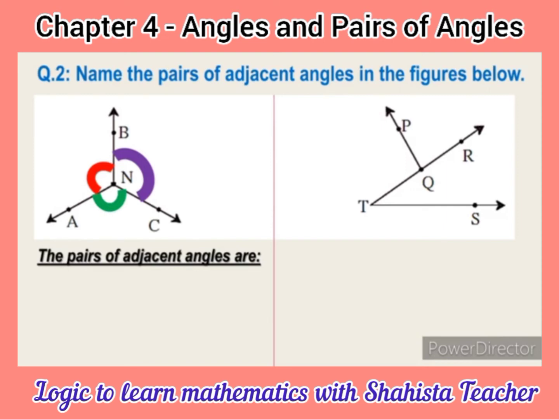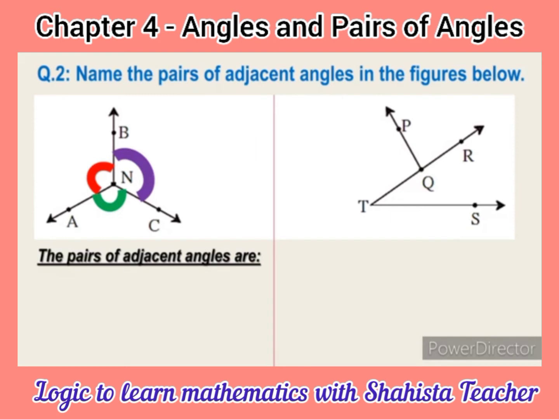That means how many pairs? There are total 3 pairs. So we can write here, this N is the vertex point for all the 3 angles, the common vertex, that is point N. Isn't it so simple, my dear students?